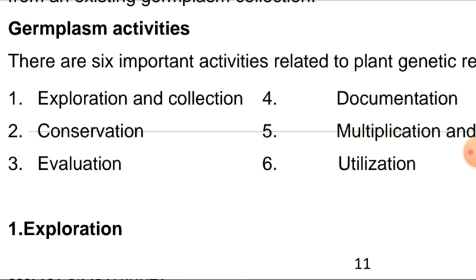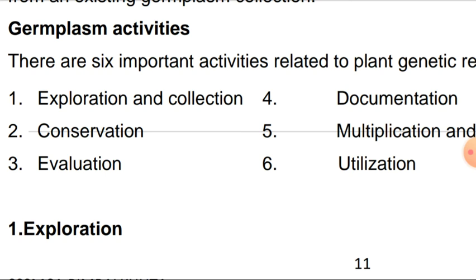So in case of that ex situ conservation, we have to maintain or preserve that genetic diversity of crop species at one place. Handling of germplasm is easy, and it is a cheap method of germplasm conservation.